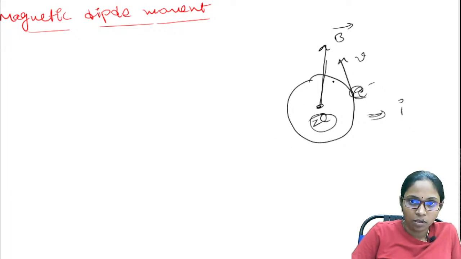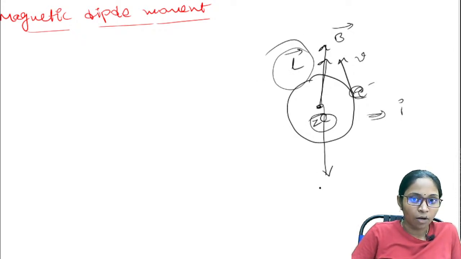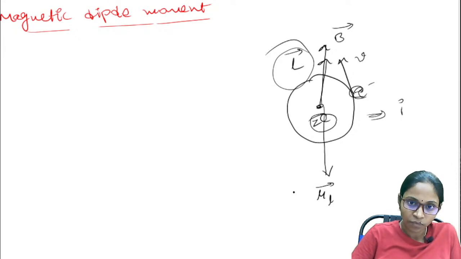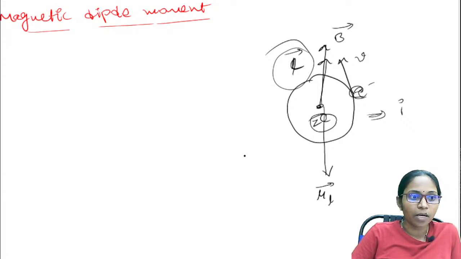In the same direction we will have the orbital angular momentum direction, and in the downward direction, opposite to this orbital angular momentum, you will have the magnetic orbital momentum. To balance the system, the magnetic moment is in the opposite direction to this L bar.